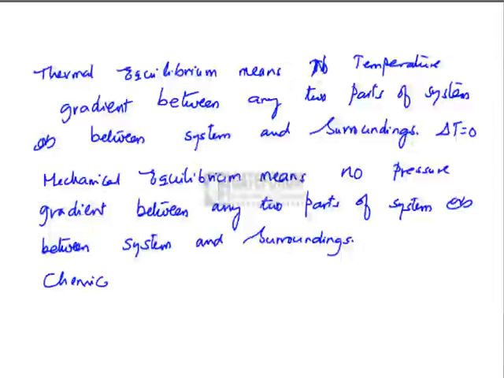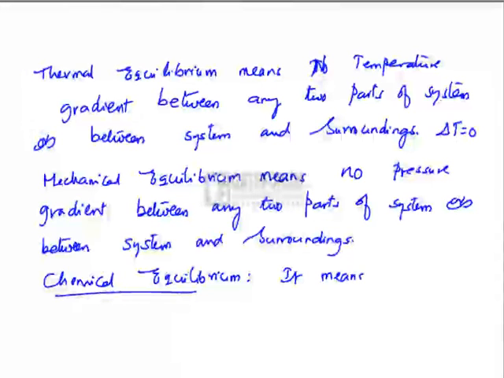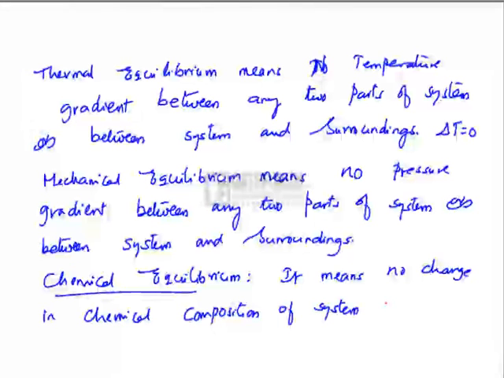Chemical equilibrium means no change in chemical composition of the system with respect to time, or otherwise there should not be any chemical reaction inside the system.